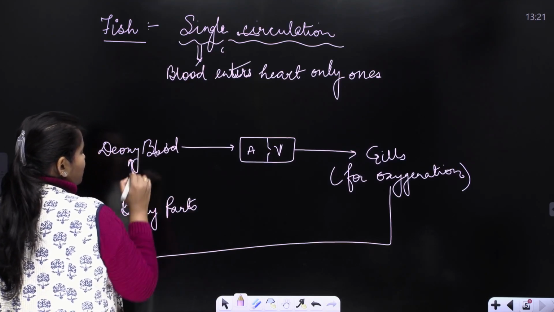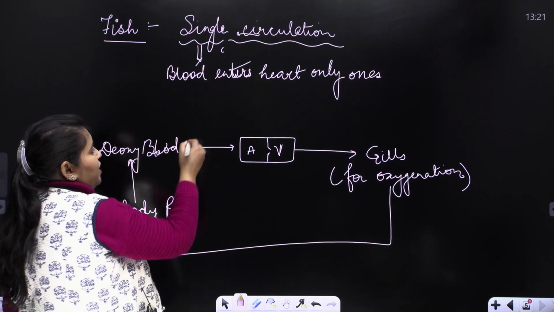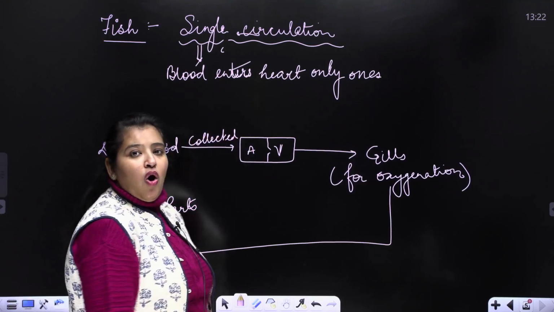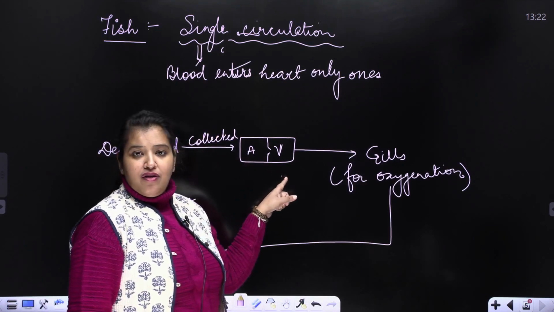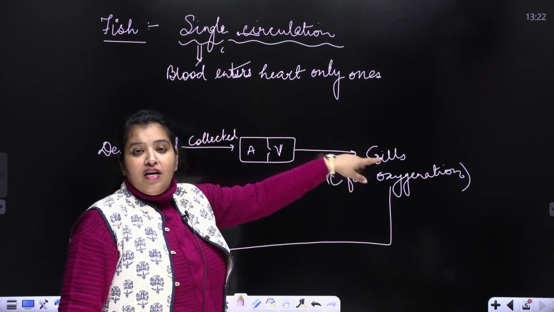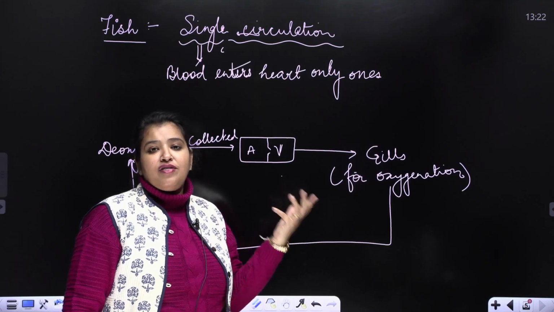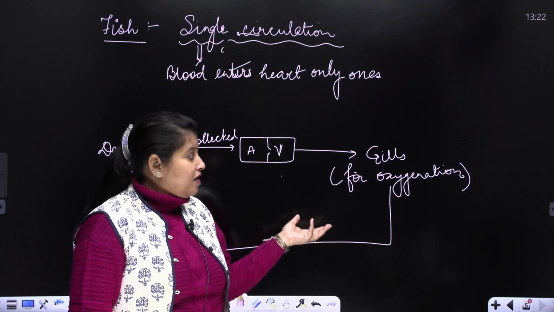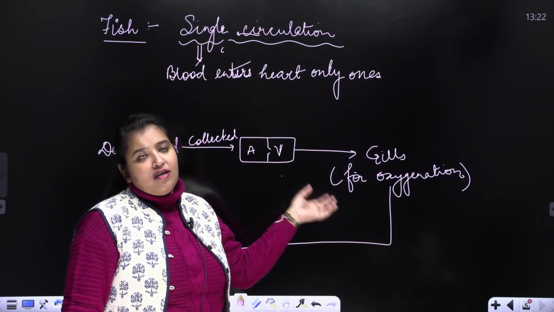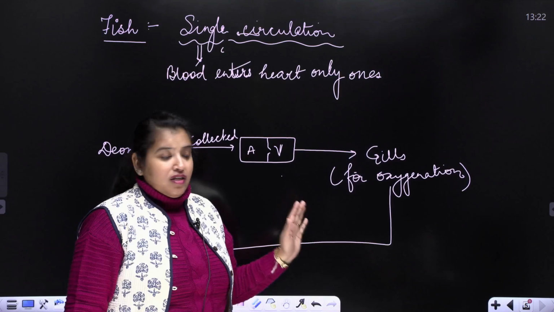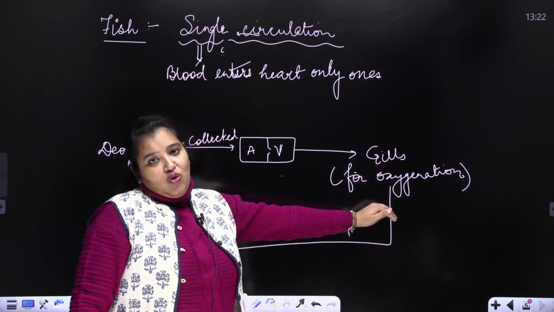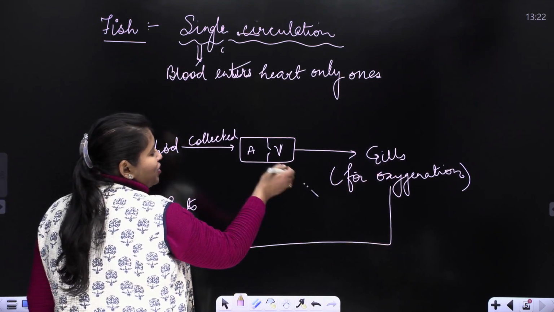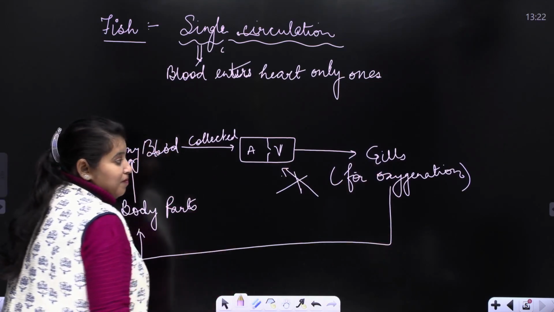So the deoxygenated blood from the body parts is collected in the heart. Through the auricle, it goes into the ventricle. From the ventricle, it goes to the gills. We've already studied how gaseous exchange takes place in the gills of fish. So gaseous exchange takes place here and the blood gets oxygenated. Once this blood is oxygenated, it does not go back to the heart for distribution.